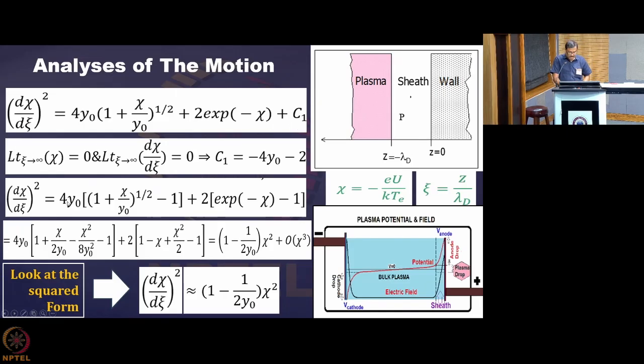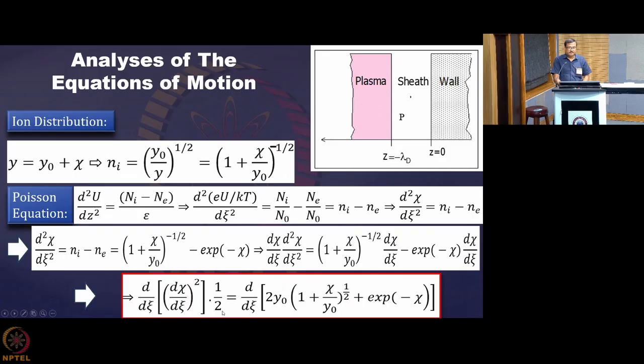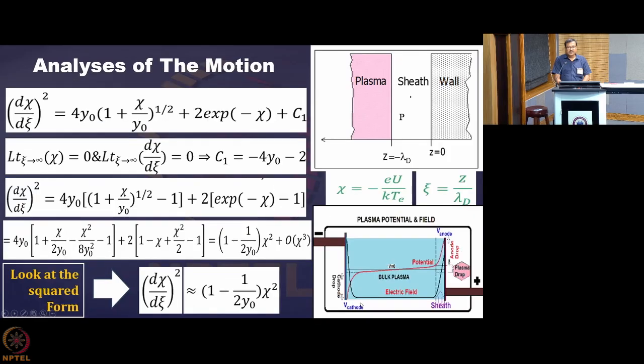The factor half here and this 2 get multiplied on the right side, so we get 4 here and 2 here, and that factor is absorbed in the constant C1, so we are not bothered about that. Finally we get (d chi by d psi) square is equal to this plus C1.